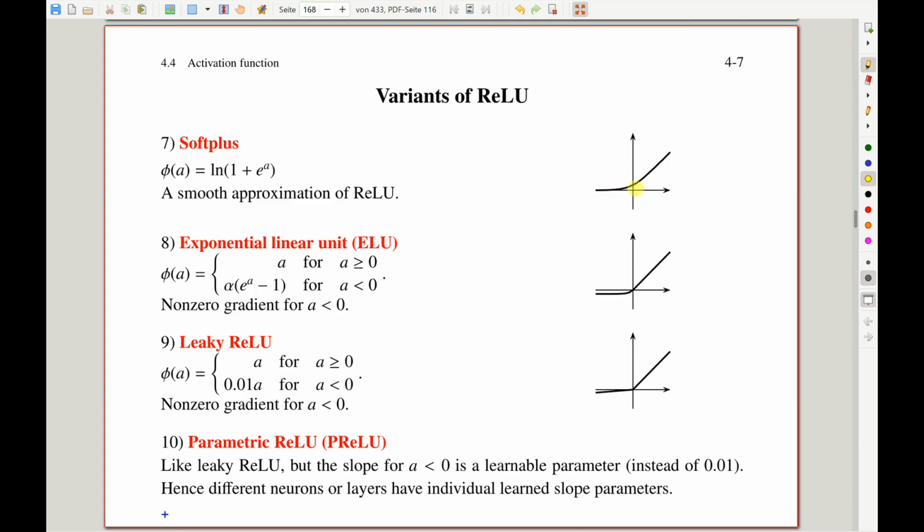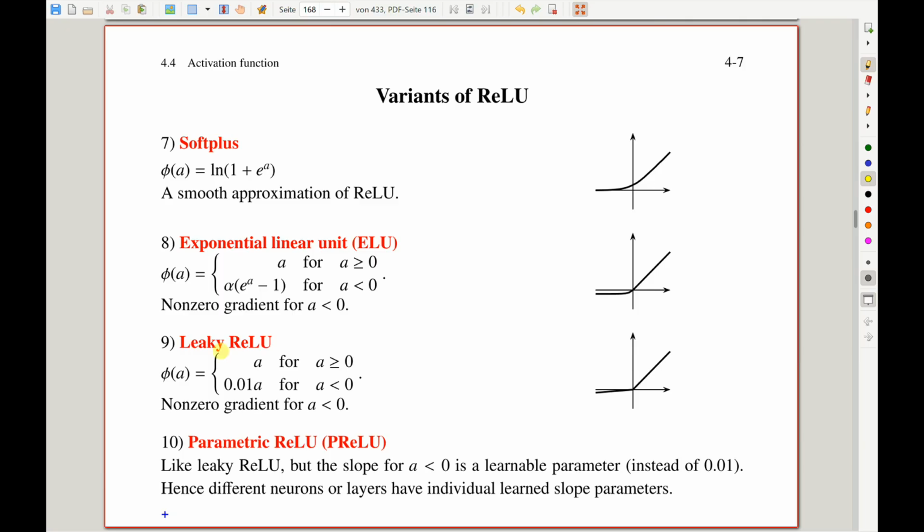At the left-hand side, the derivative is pretty small, but it's not exactly equal to 0. Or the exponential linear unit. On the positive side, we still have output exactly equal to input, but at the left-hand side, if A is negative, we don't have a constant 0 for the output. We have a very flat exponential function, and we have no 0 gradient for negative A. So the magnitude of the gradient is still very small, but we have a little bit of update of the model weights.